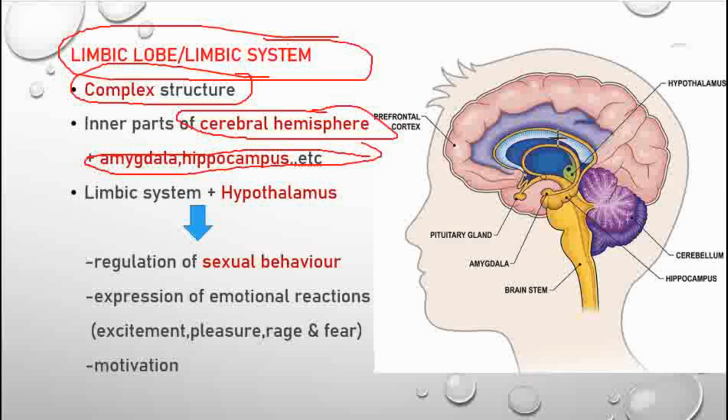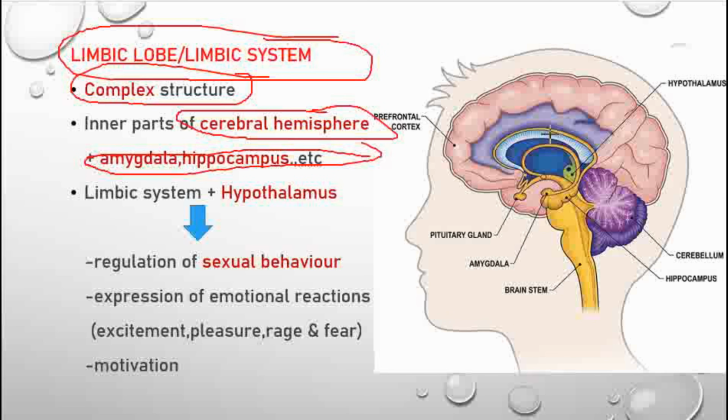All of these together we call the limbic lobe or the limbic system.